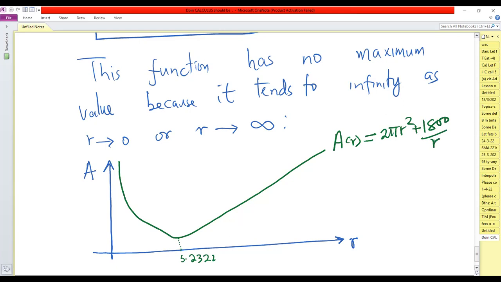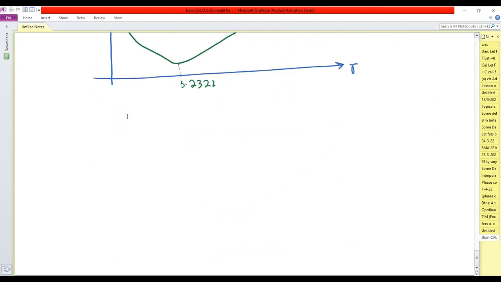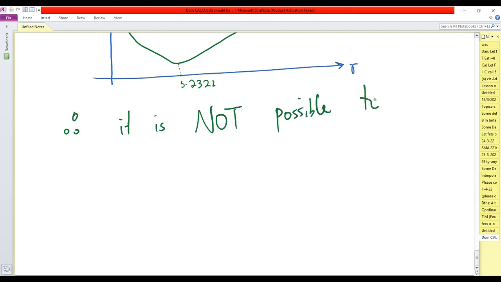So because of this, we don't have an upper bound for the value of the function A. Hence, we say, therefore, it is not possible to have such a case.